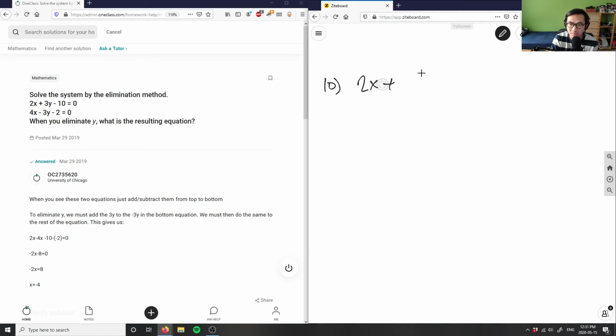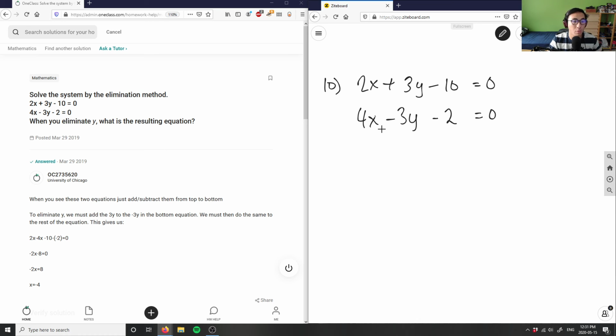So we have 2x plus 3y minus 10 equals 0. We have 4x minus 3y minus 2 equals 0. And we want to eliminate a variable here. When we want to eliminate something, we want to make terms equal to each other.